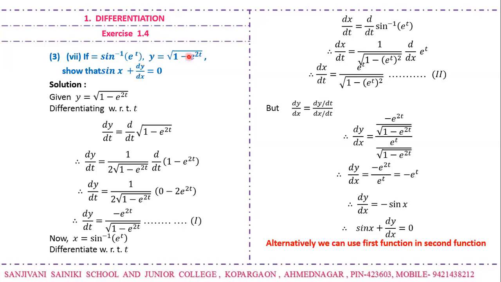So this e raised to 2t, I can write it as e raised to t bracket square, and I will write that e raised to t as sin x. So 1 minus sin square x is cos square x. Its root is cos x. So I will get y as cos x and its derivative dy by dx is minus sin x. Okay, that's what we got here.